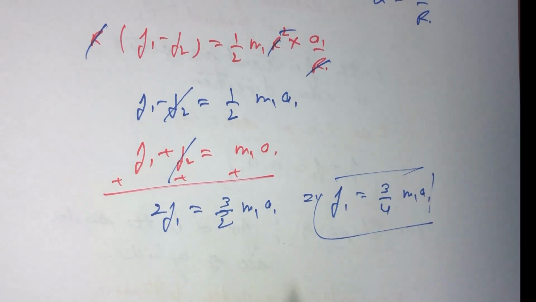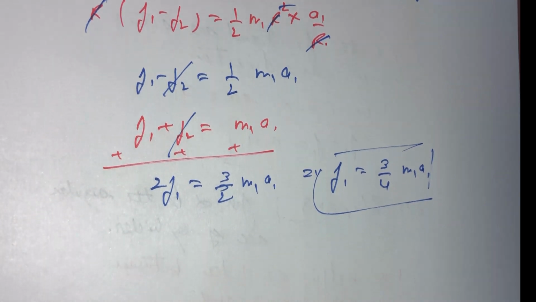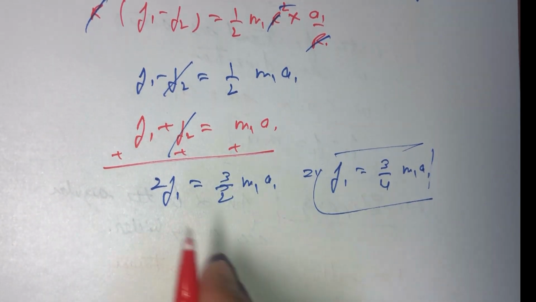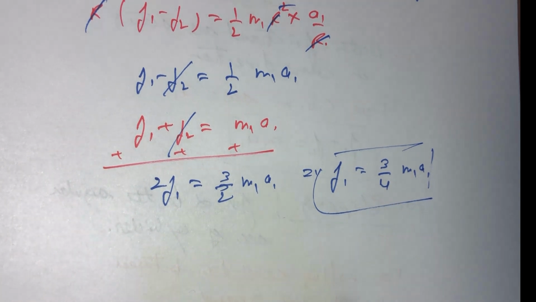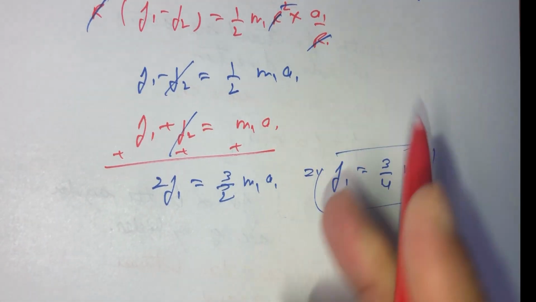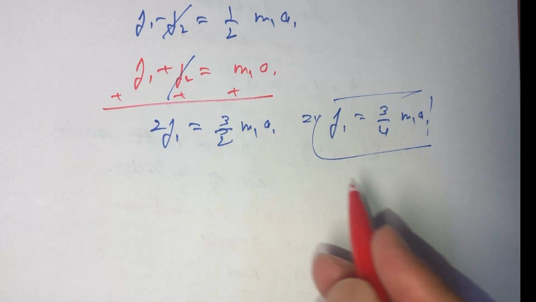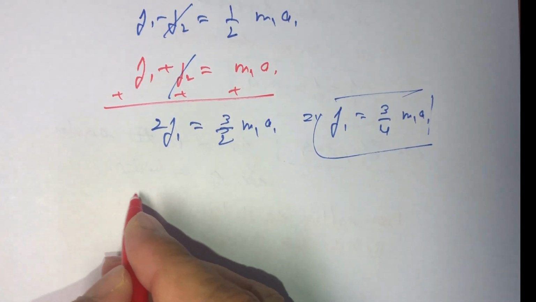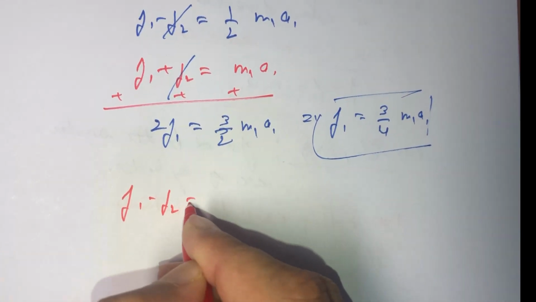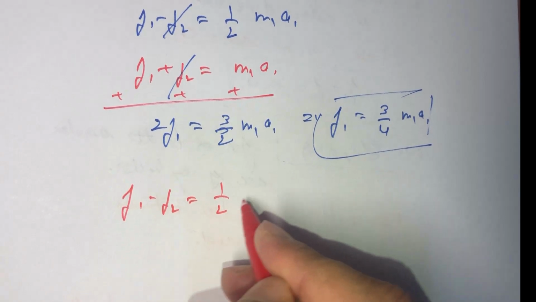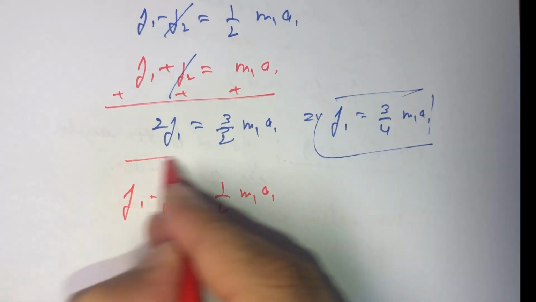So we derived one of the relations, that is the frictional force in terms of a1. A1 was the acceleration of the center of mass of the cylinder. Now we are going to substitute it in this equation and find out our F2. F1 minus F2 is equal to half m1 a1.